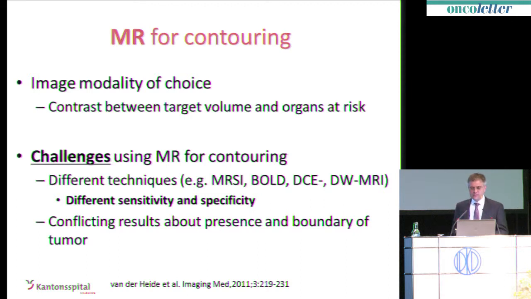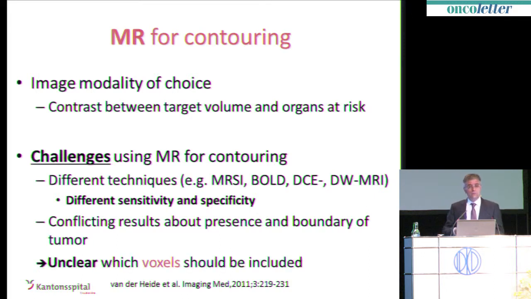However, the challenge for using MR for contouring is that different techniques have different sensitivities and specificities. So there are conflicting results about presence of tumor and boundary of tumor. So basically, to me, it seems a little bit unclear which voxels we should actually include in our contouring.